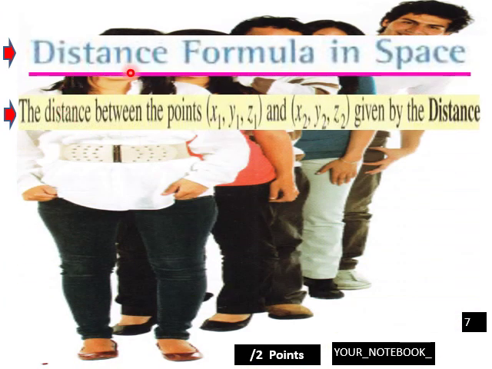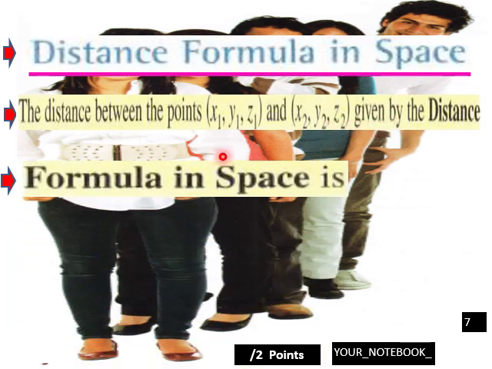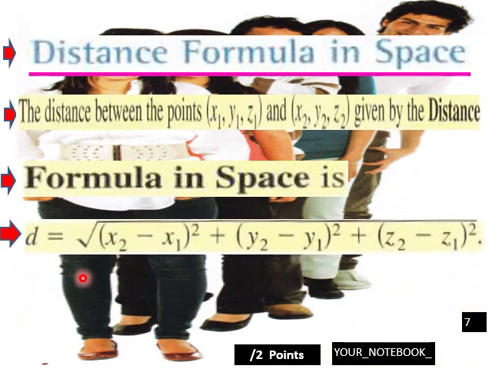The distance formula in space, the distance between the points x1, y1, z1 and x2, y2, z2 is given by a big long radical: x2 minus x1 squared, y2 minus y1 squared, z2 minus z1 squared, add these together, and then take the square root of them.